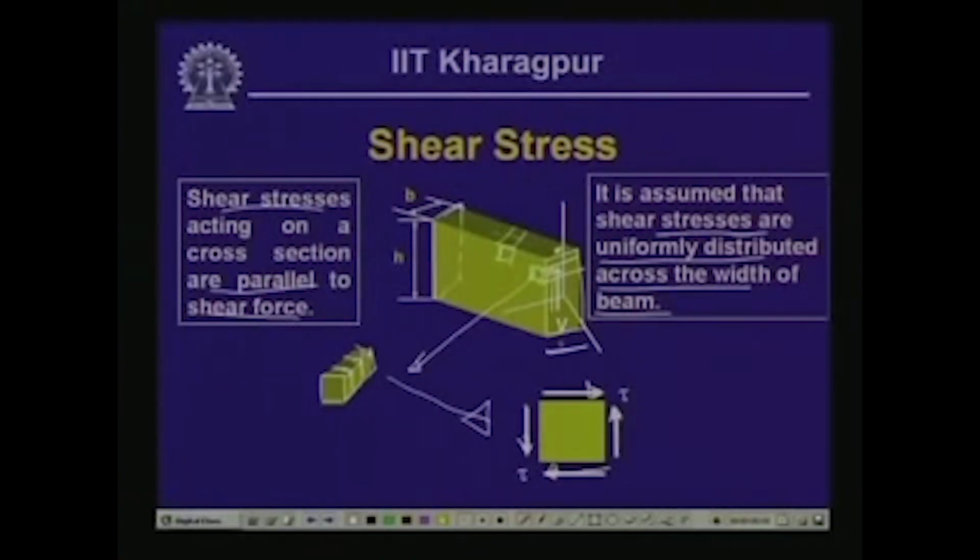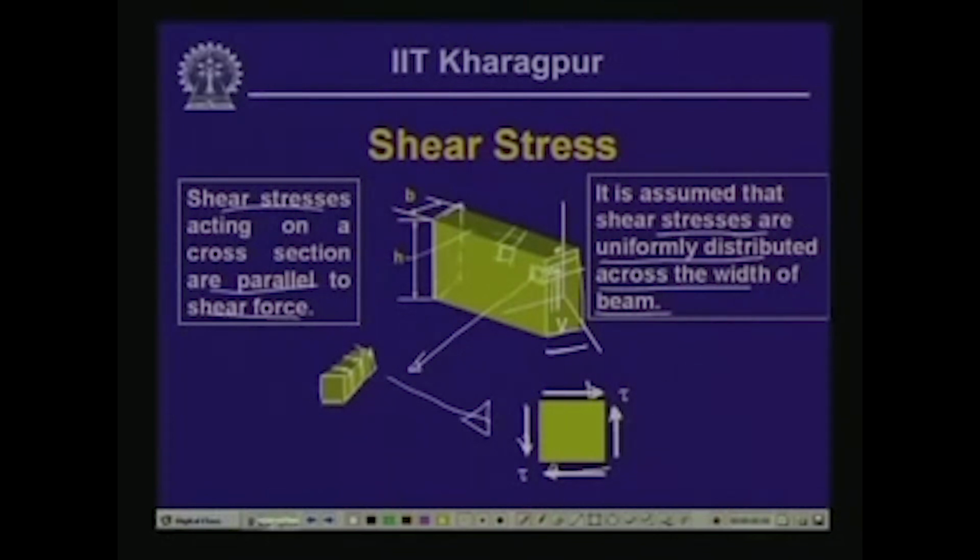So, at the top point, since the horizontal shear stress is 0, the vertical shear stress at the extreme ends is also 0. So, at the top and at the bottom the shearing stress is equal to 0, at plus minus h by 2 the shearing stress is 0.